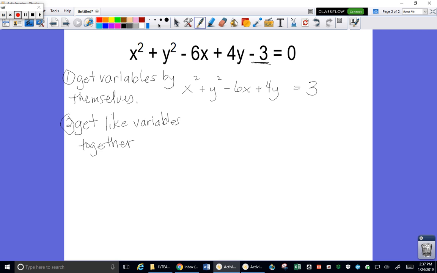So we have the x squared and the minus 6x. We get that together. And then we get the plus y squared and the plus 4y together. And that equals 3 still.